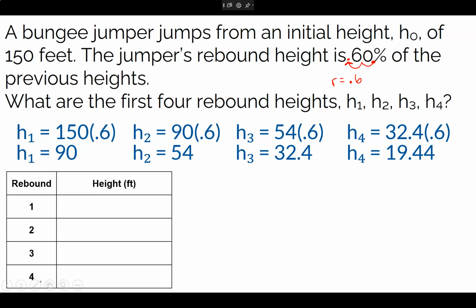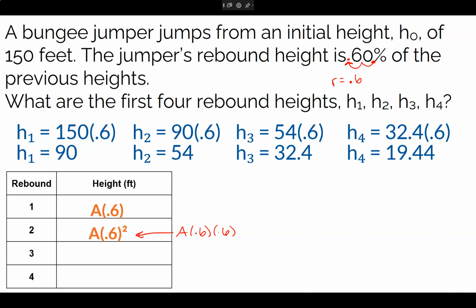All right, so let's think about what I did to move forward. For my first height, I took our initial value and multiplied it by the percentage, right? For the second rebound, I multiplied my initial value by my rate twice. I took the one before it, multiplied by 0.6, and then to move forward, multiplied by 0.6 again. That's how we get 0.6 squared.